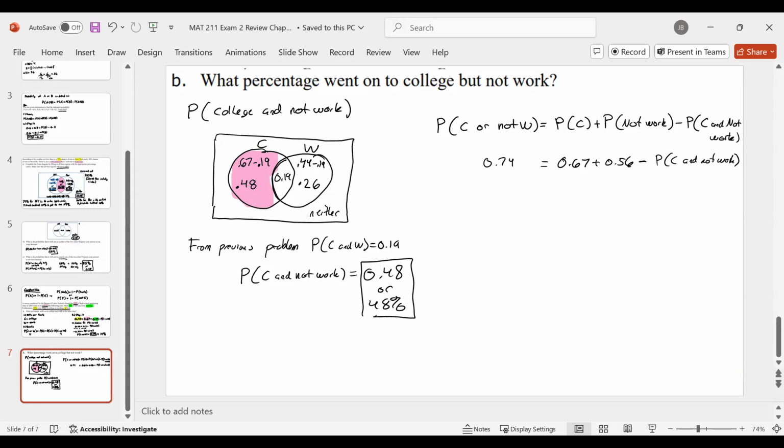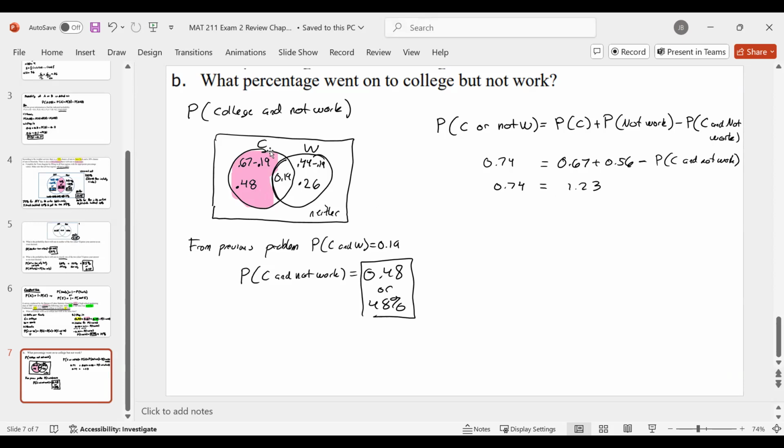And then from there, I would just solve for the one that's missing. So if I add these together, I get 0.67 plus 0.56, which would be 1.23. And then 0.74. Hopefully I'm doing this correctly.